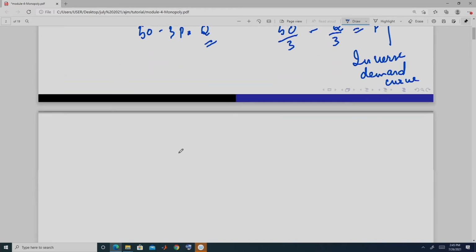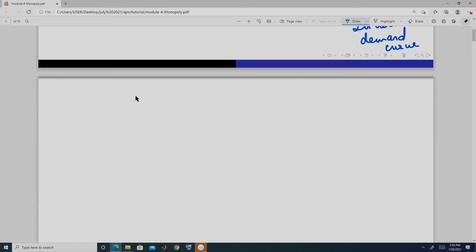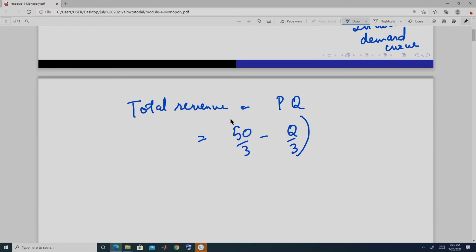Now, total revenue is equal to price into quantity. So, here you apply this: this is the price and quantity is this, because total revenue is always a function of the quantity.